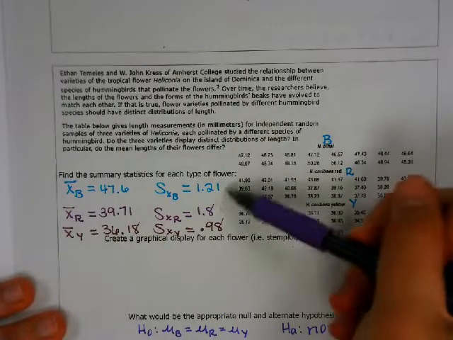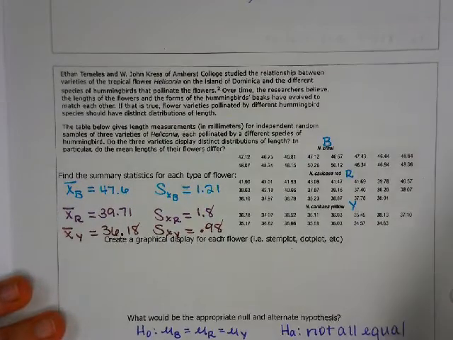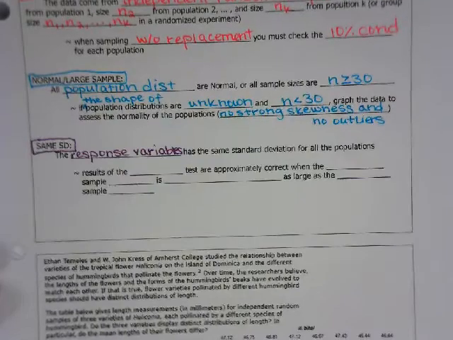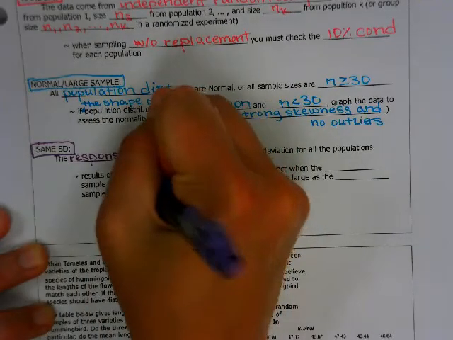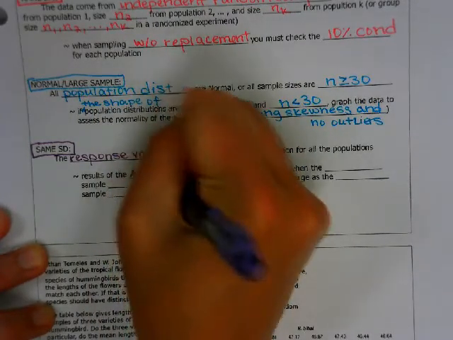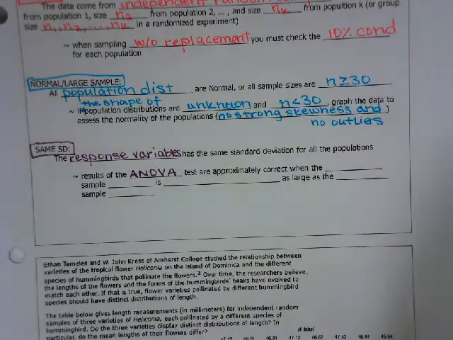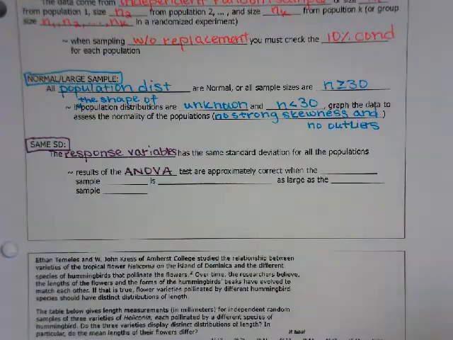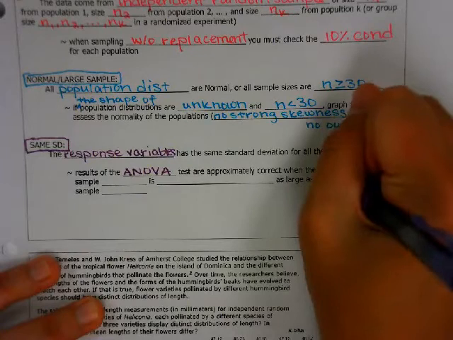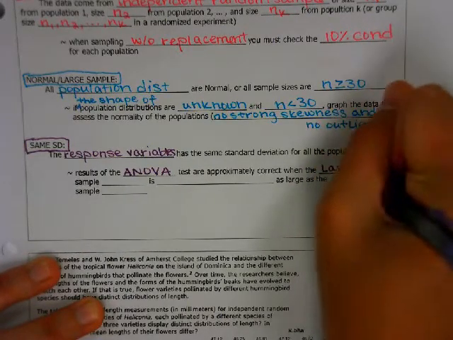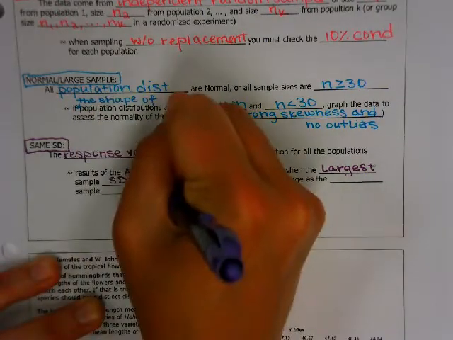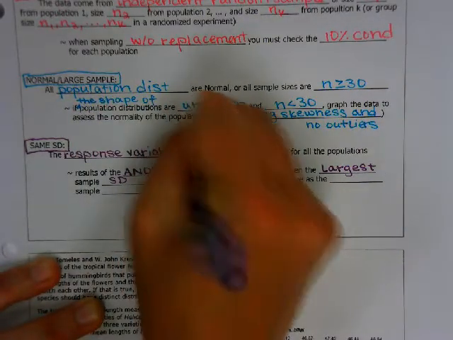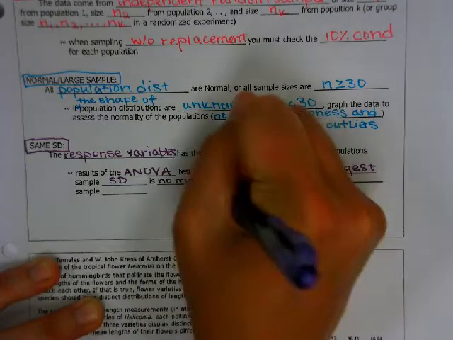So they have this little clause with that condition that the results of the ANOVA test are approximately correct when the largest sample standard deviation is no more than twice as large as the smallest sample standard deviation.